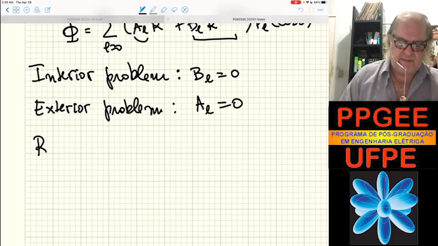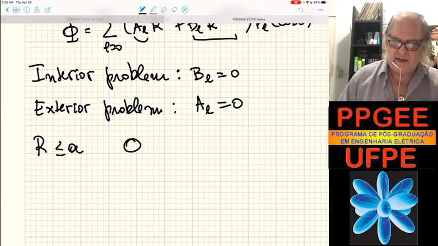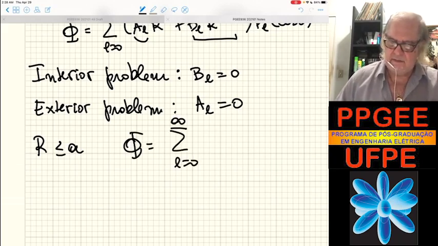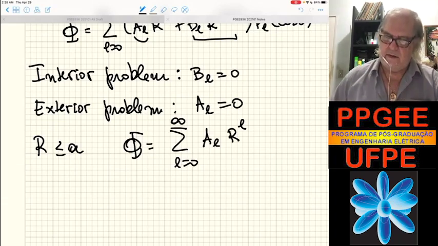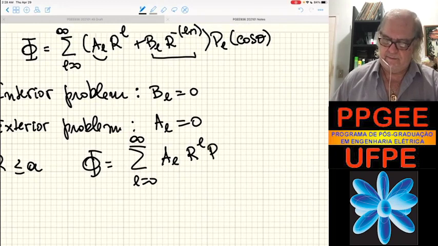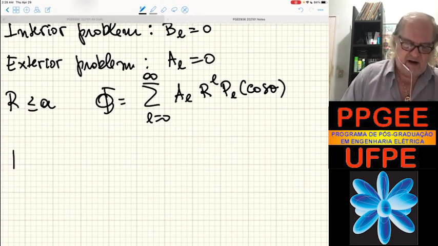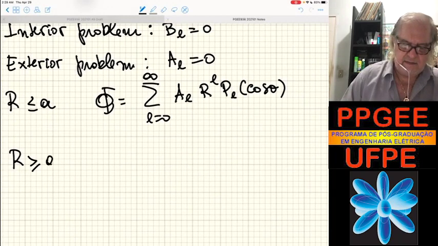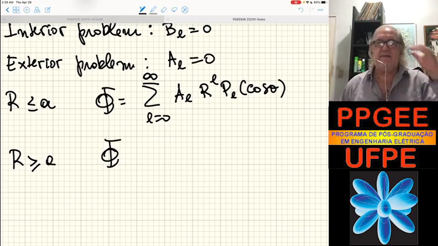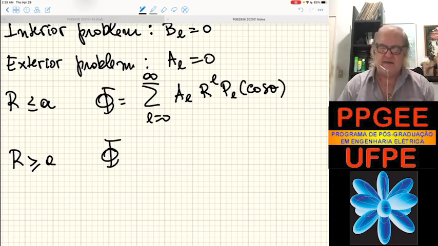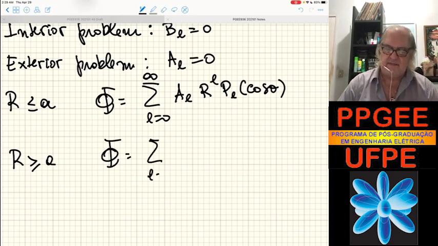So for r smaller than a, the general solution is of the form shown, and for r larger than a, the solutions are independent, right? Because given the boundary, the solution outside, whatever happens inside, is going to be given, right? So it's going to be a sum.